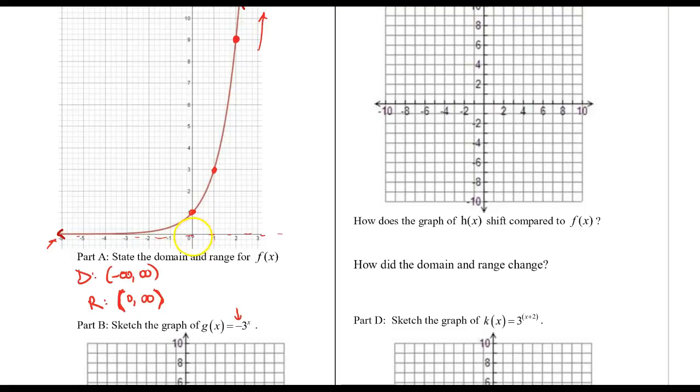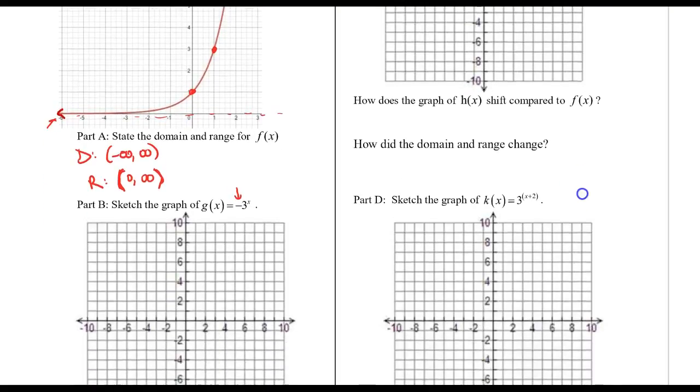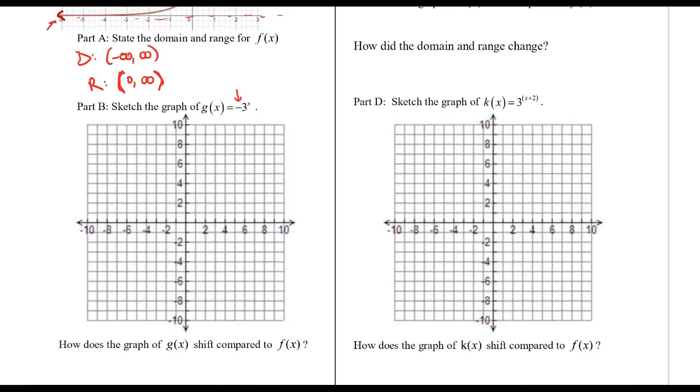So it looks like I've got (0, 1), (1, 3), and (2, 9). If it's a negative, I'm going to have (0, negative 1), (1, negative 3), and (2, negative 9).